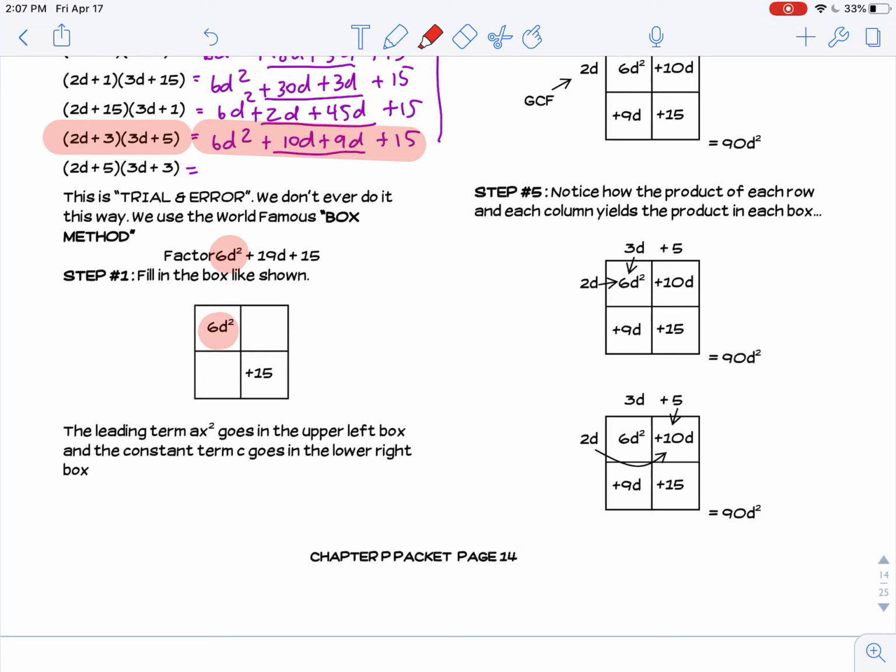The first term goes in the upper left. Your third term goes in the bottom right. Make sure you put d squared, or whatever variable squared, first, and then your last term will go by itself. It helps to put positive and negative as well.